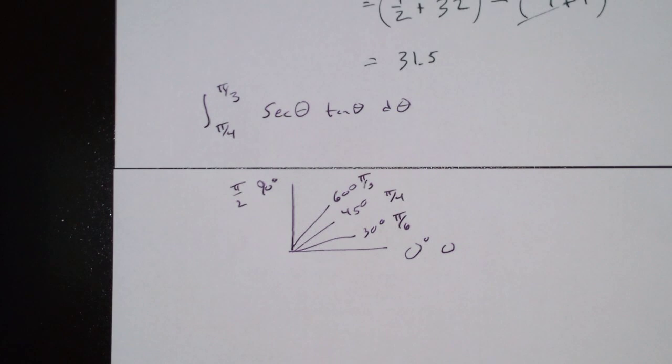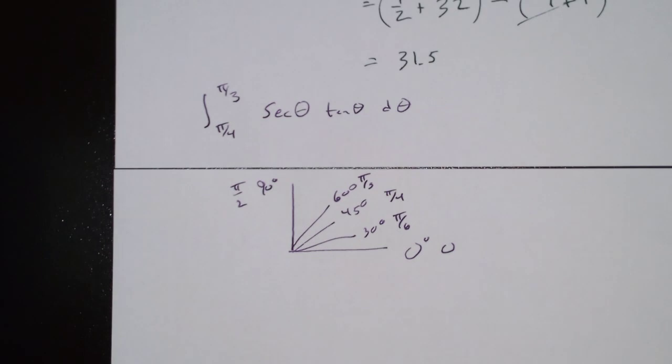Which letter comes first? C for cosine, S for sine. C comes first, right? I'm going to count up from here. Which angle do you want the cosine of? Pick an angle. 30 degrees.